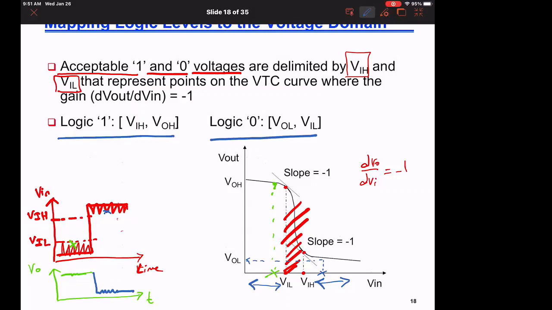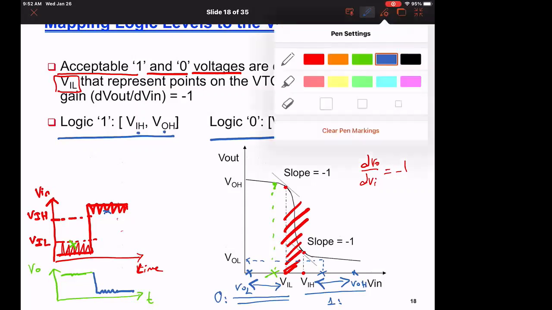Okay, so logic 0 is represented anywhere the input is between VOL and VIL. This represents the zero. And if the input is between VIH and VOH, this represents the logic 1 for me. So logic 1 is between VIH and VOH, logic 0 is between VIL and VOL.